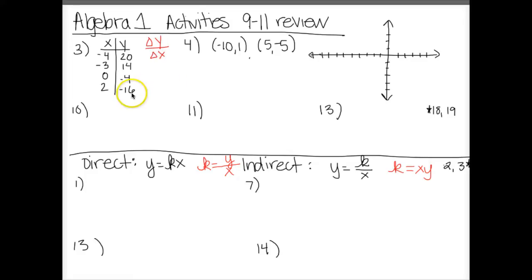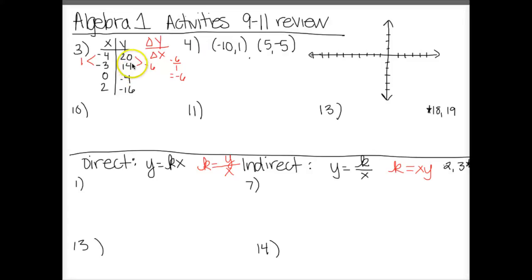And in order for something to be linear, the slope has to be consistent. So you get delta y over delta x by finding the difference here. 14 minus 20 is negative 6. That's delta y. Then delta x, negative 3 minus negative 4, is 1. So that gives me negative 6 over 1, which is negative 6.